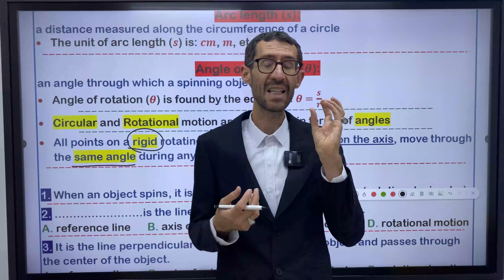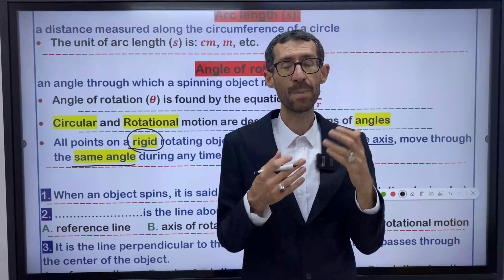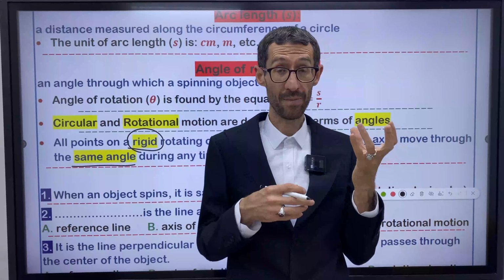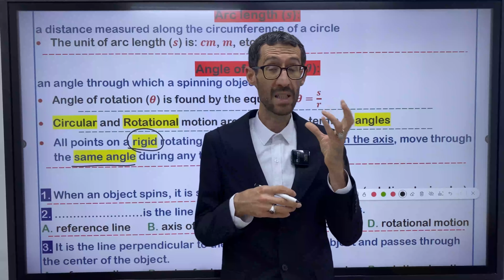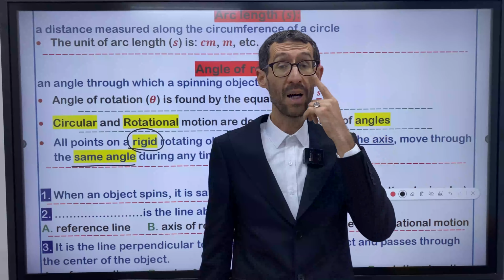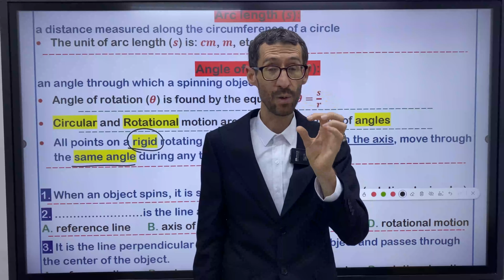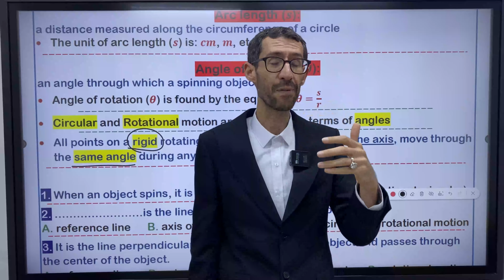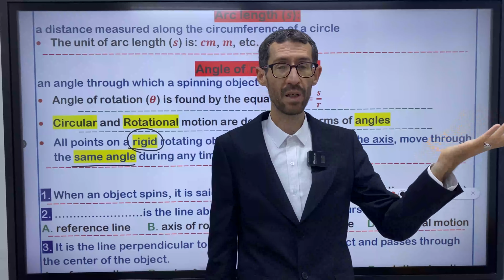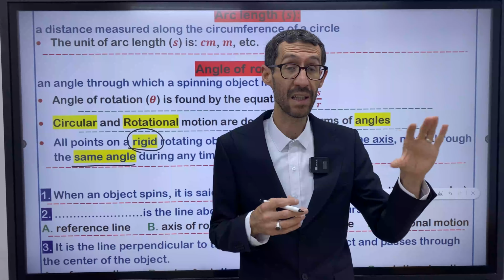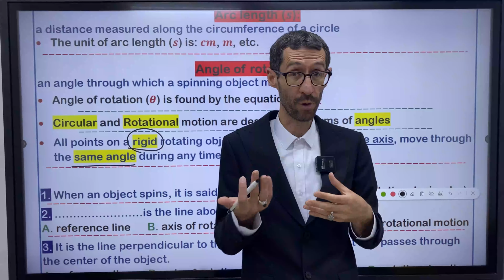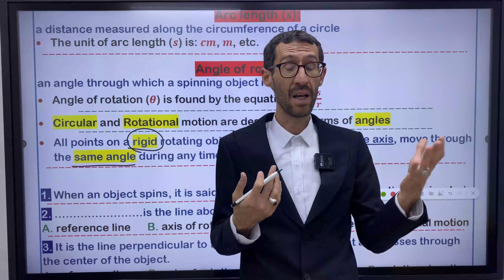Think about the Sun. The center of the Sun has a particular angle of rotation, a particular value. But this value is different from the angle of rotation of the atmosphere of the Sun, right?